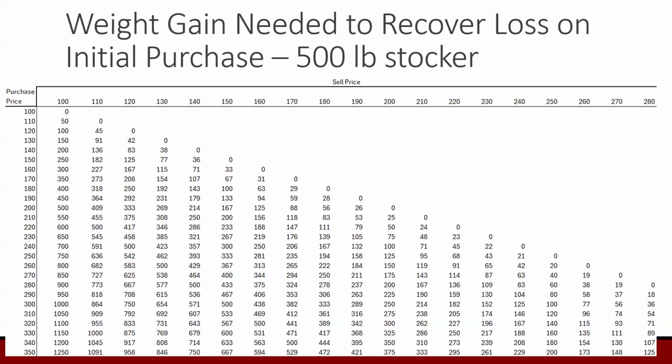You guys follow? Within a purchase price, as my sell price increases, the amount of weight I would need to add to that animal to recoup purchase price decreases. So if I bought this animal for $120 per hundredweight and I sold it for 110, I would only need to add 45 pounds to that animal to recoup my purchase price. That make sense?